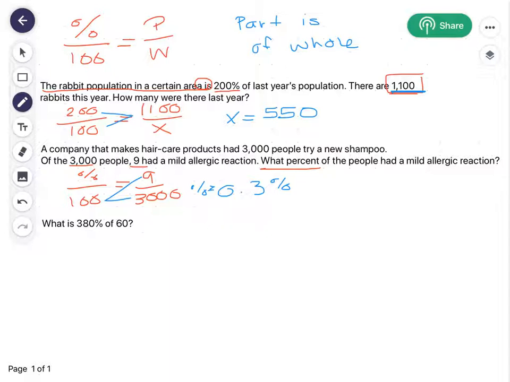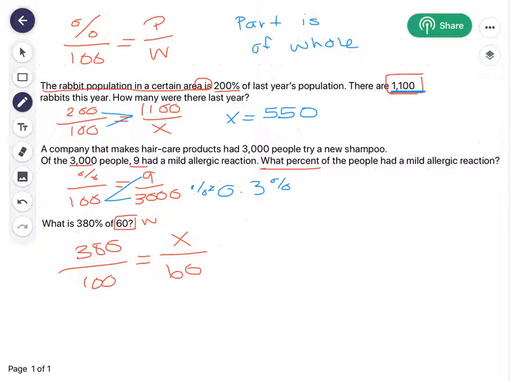So if we look at our last question here, what is 380% of 60? There's that "of", so I should already know that 60 is our whole. So we have 380 over 100 equals what of 60? Okay, cross multiply here.